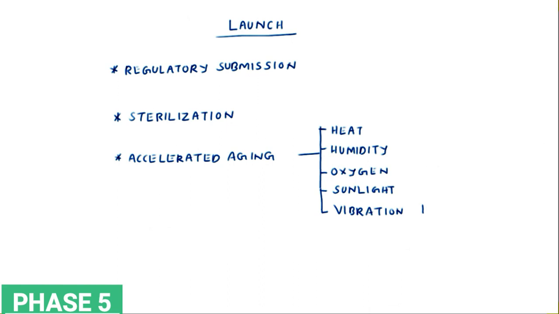So we'll be speeding up the normal aging process of the product and identifying the shelf life. As I said, it's basically done to identify the lifespan of the product without any degradation of the quality when it is stored for a longer period of time.